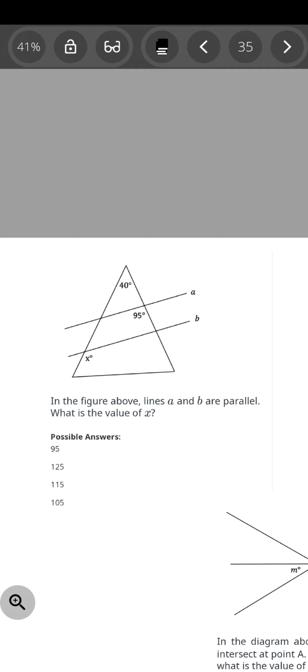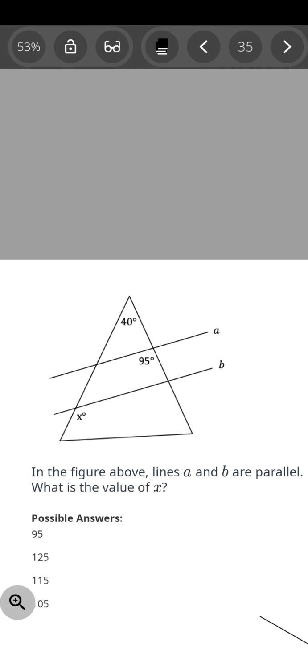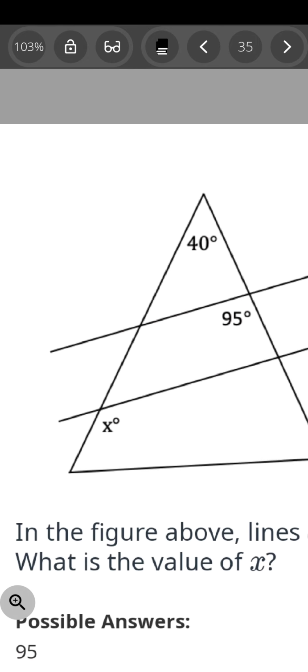Let's continue with our next question. In the figure above, lines A and B are parallel. What's the value of x? We know that the vertical angles are equal, so this angle must be equal to x. And the angles which are obtained by intersecting two parallel lines with a transversal, which are known as alternate interior angles, are equal.